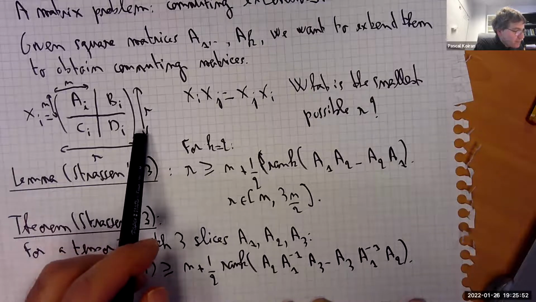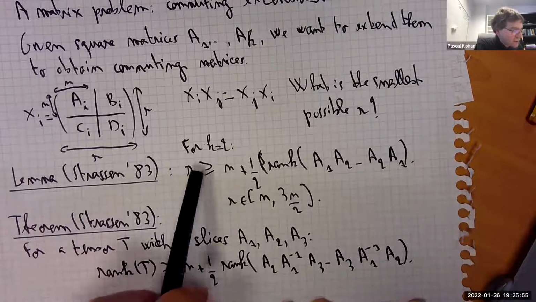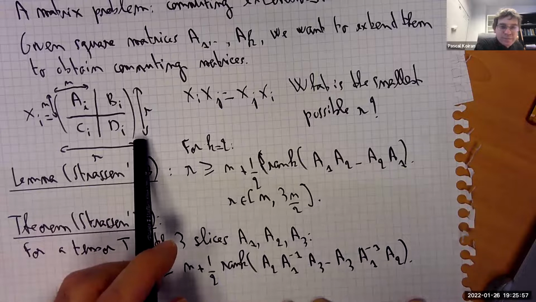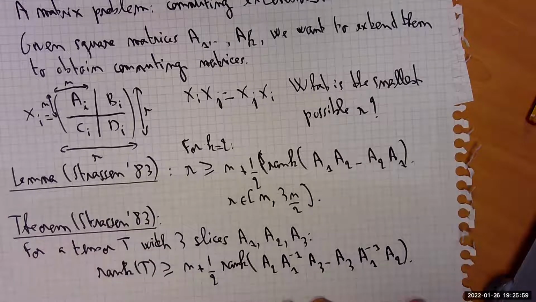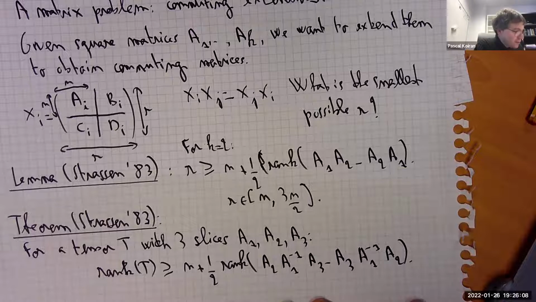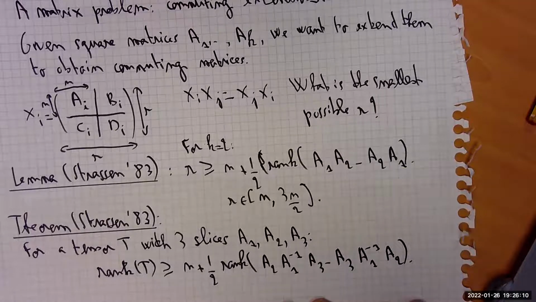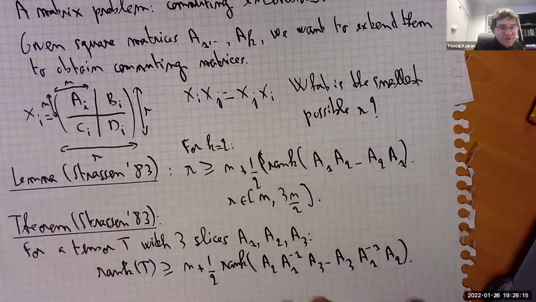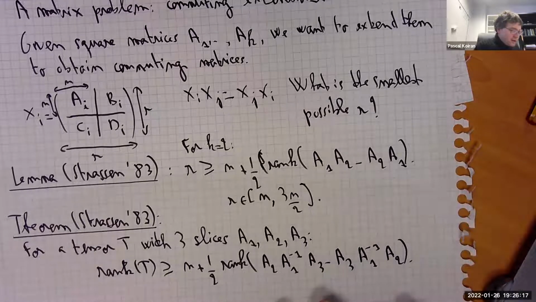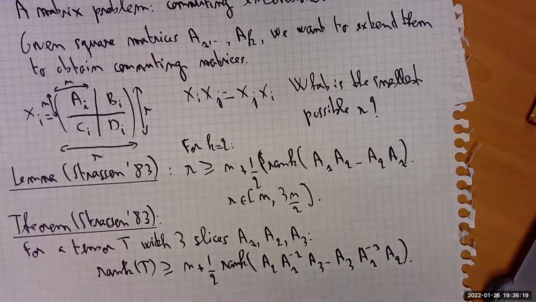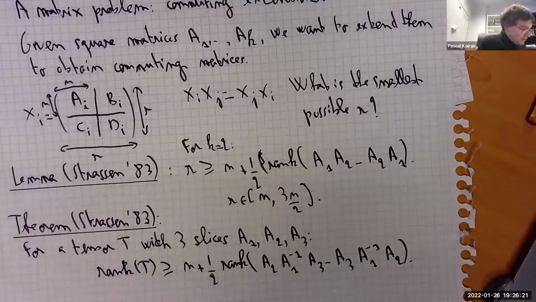So the R here is the size of the smallest commuting extension. Sorry, I didn't understand. So the lemma gives a lower bound for the problem that you mentioned. Yes. But how is that lemma used in the theorem of Strassen? I haven't explained that. But it is used. Yes, the theorem uses this lemma.